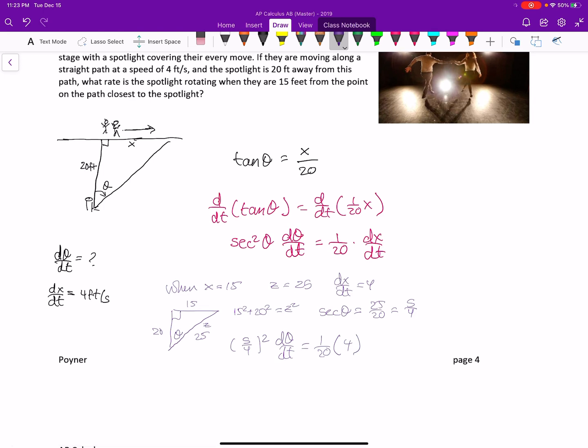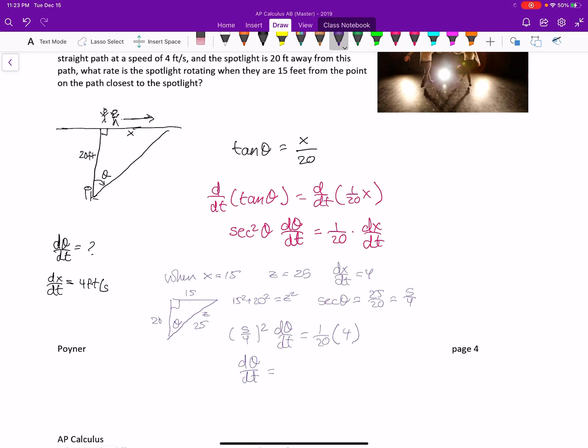Solving for dθ/dt, 4 over 20 is 1/5, multiplied by the reciprocal 16 over 25, gives 16 over 125. That seems about right.